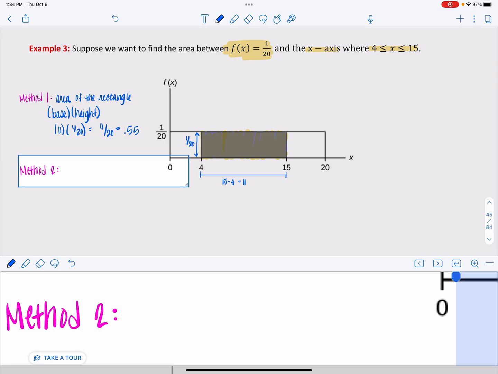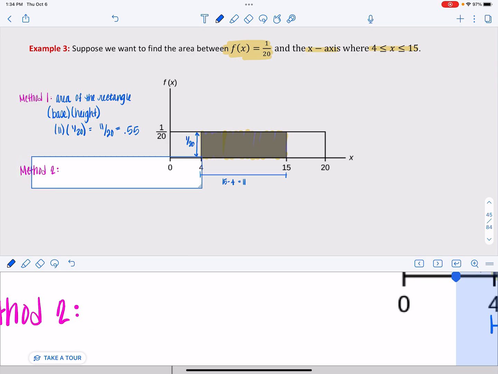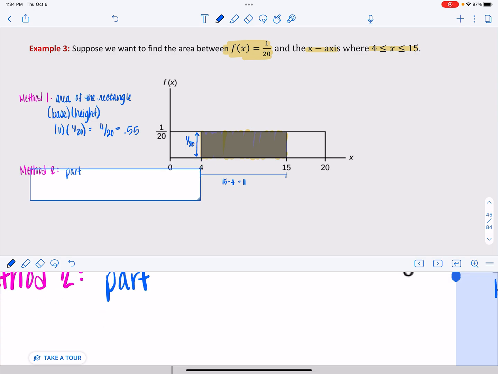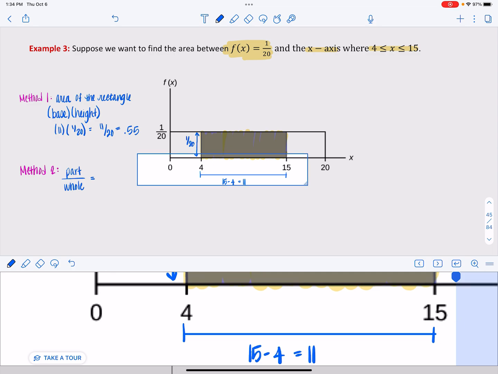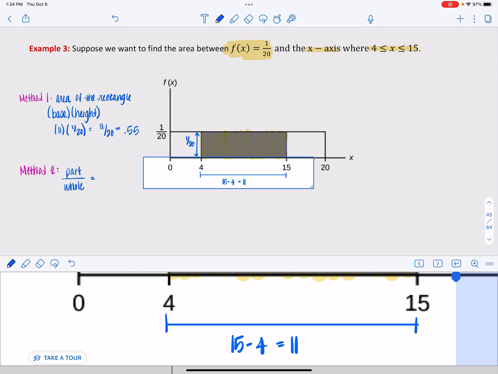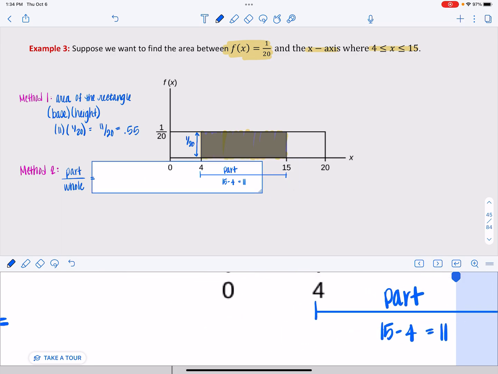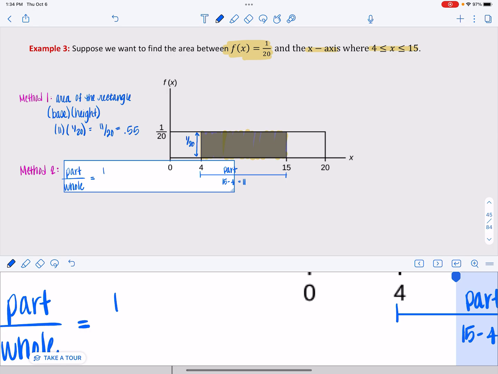Method 2 is the idea of putting the part over the whole. In this case, the part is the length of our rectangle. We already figured that out. That was 11.